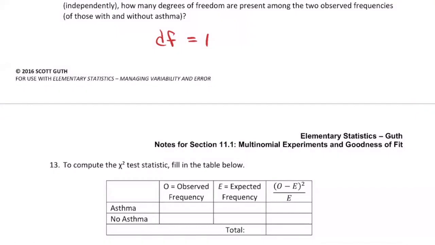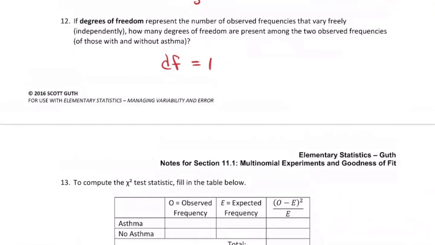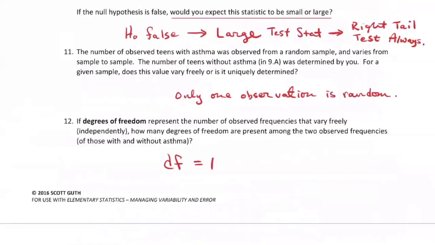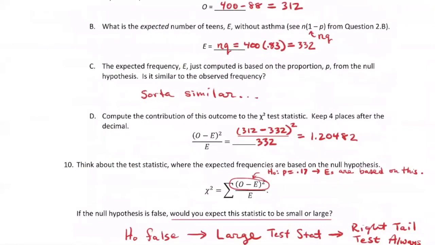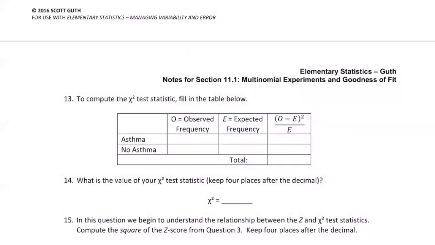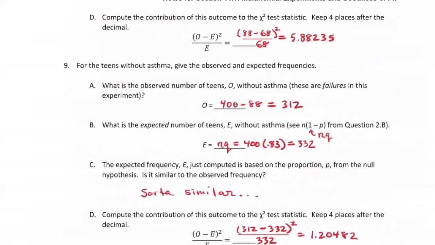Here I'm showing you how you would normally compute the chi-square statistic. I have to go back and get all these numbers. Observed frequency 88 kids with asthma, but we expected 68. The chi-square contribution for the first one was 5.88235.